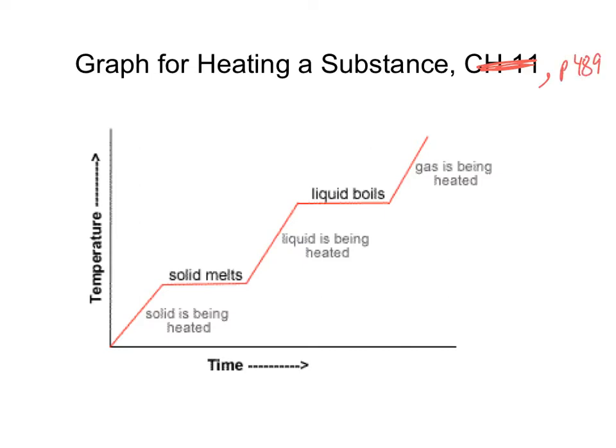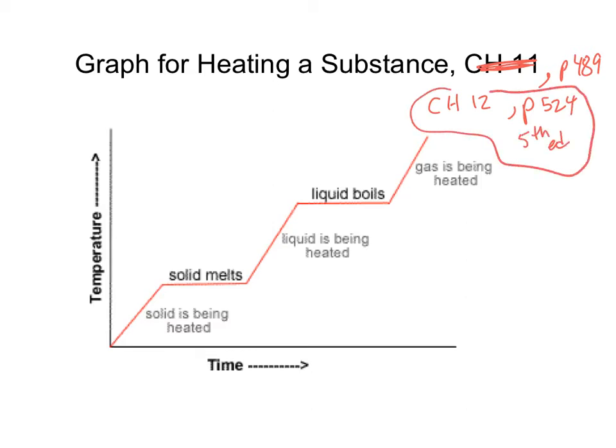I'm guessing that's probably the 3rd or the 4th edition of the book. And now we're using the 5th edition. It's in chapter 12, page 524 for the 5th edition. But if you can't find it, just look up heating curve for water.